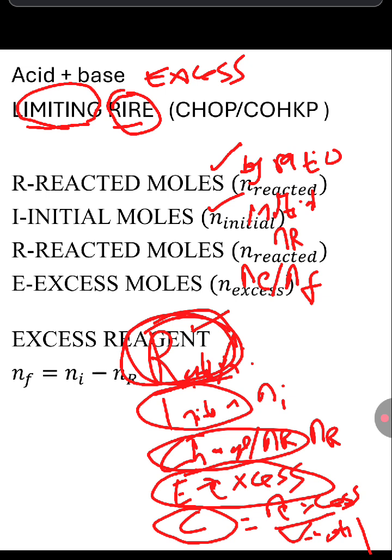So it's more like a RICE table, this thing here. But the C in this case is represented by the first C that is here, because this CHOP part is for the pH of an acid.